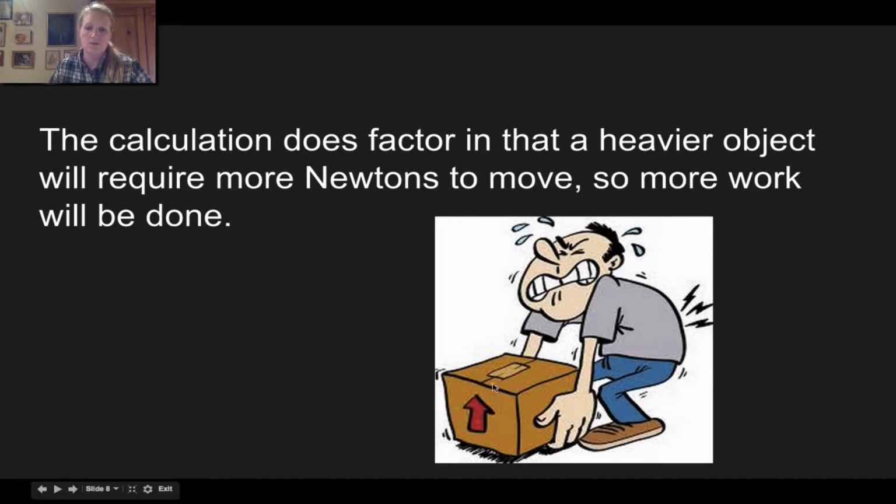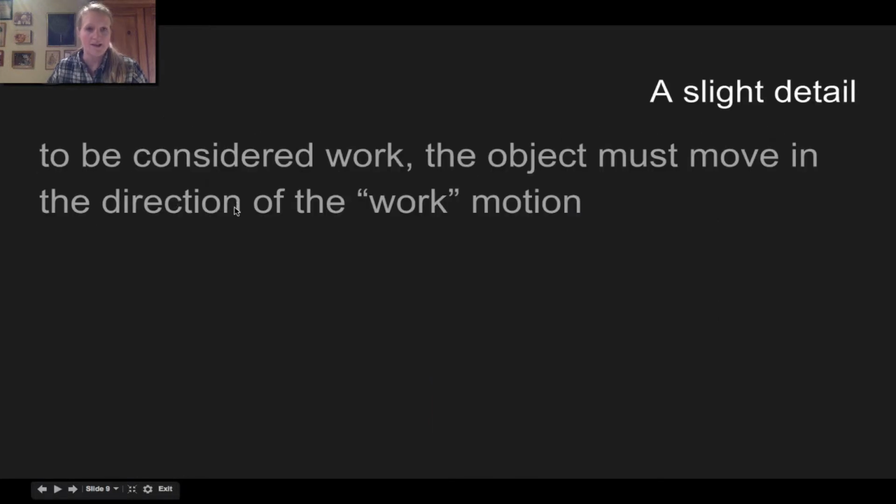So even when it's a heavier object, as long as you move it, it will factor that in because it requires more force to lift it. As long as it moves, the work equation will factor in the heavier objects, but the movement has to occur first. Now, to come back to the nuance of this idea of work, to be considered work, the object must also move in the direction of the work force or the work motion.